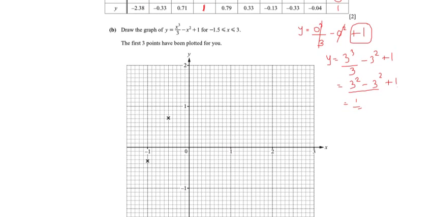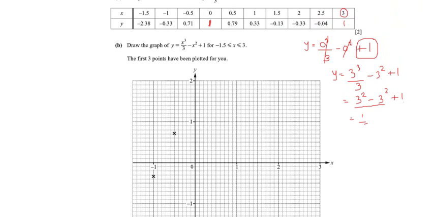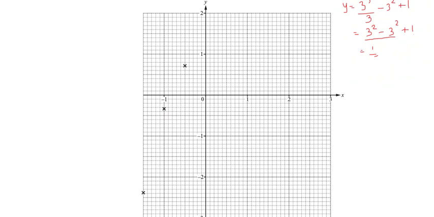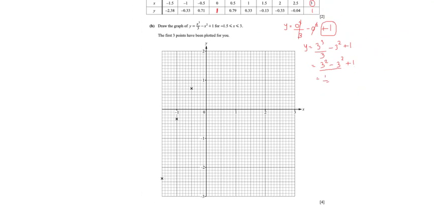The first one is minus 1.5 and minus 2.38, it is plotted here. Minimizing it a bit so that we can see everything in one page.